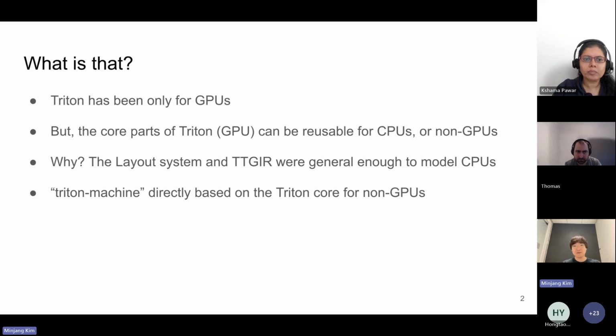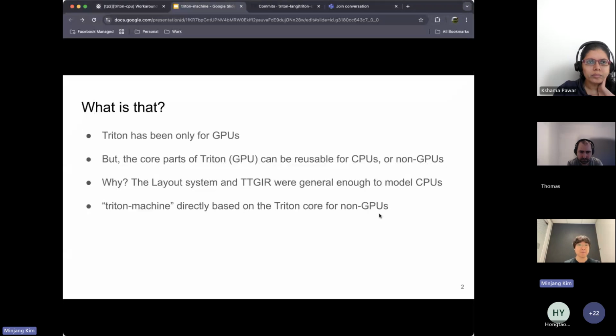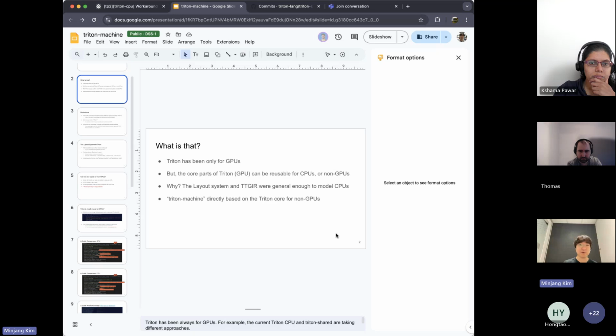The reason is that the layout system and the TTGIR were actually pretty general to capture the CPU behavior. So I might propose a Triton machine idea, which is directly based on the Triton core for the non-GPUs. So it's not based on Linalg or the other upstream dialects. So yeah, that's basically what I want to discuss today.